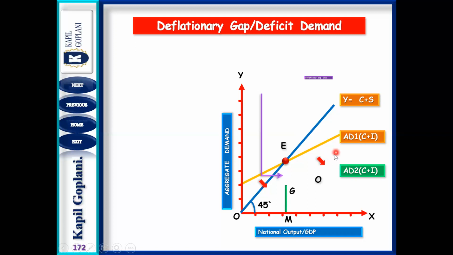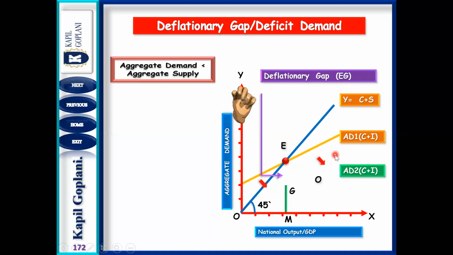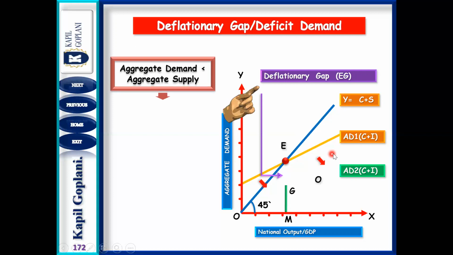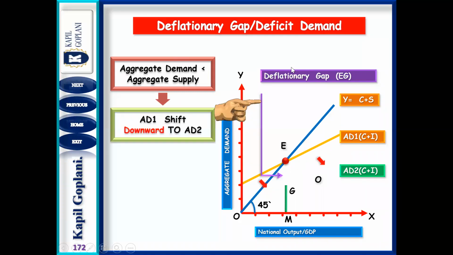I will explain. Here, as you can see, AD is shifting from this position to the position which I am just drawing. It is intersecting the aggregate supply at this position. That will be your new equilibrium point, suppose E1.